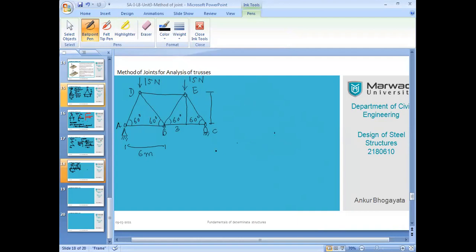So let's write here: first step, free body diagram. It will look something like this.